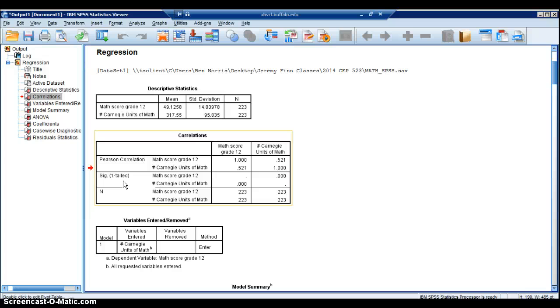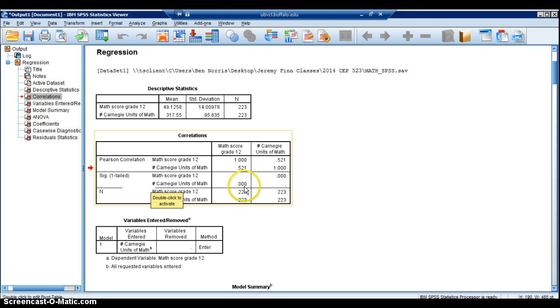So if you just want to know if there's a relationship between those two variables, that is a two-tailed test, which is equivalent to doing a not equals hypothesis test. So if your research question happens to be two-tailed or not equals, then you have to double the p-value here. So that way you get it for a two-tailed test.